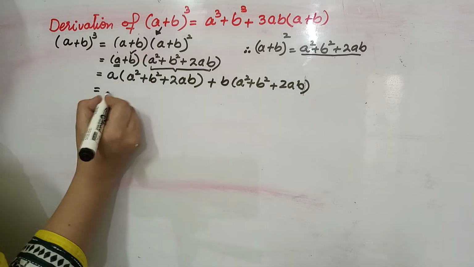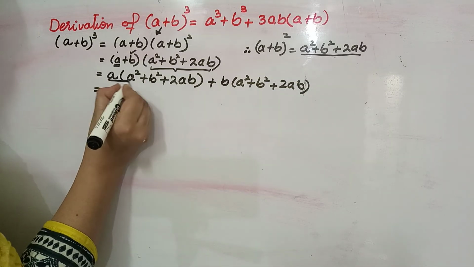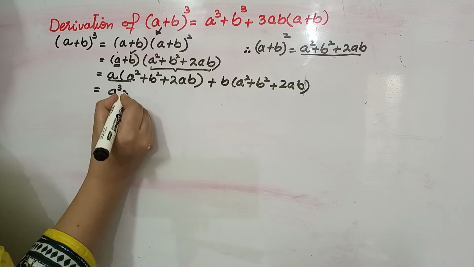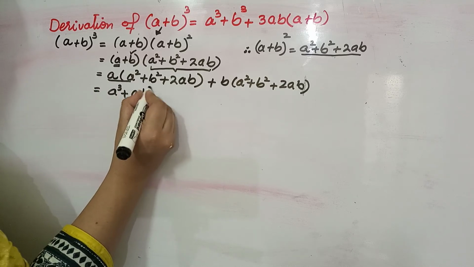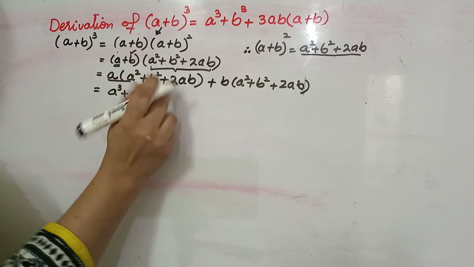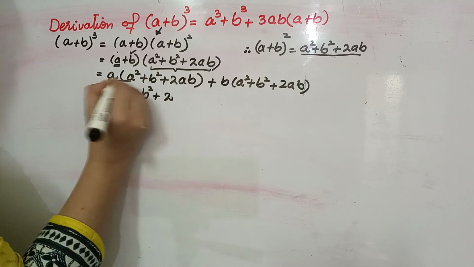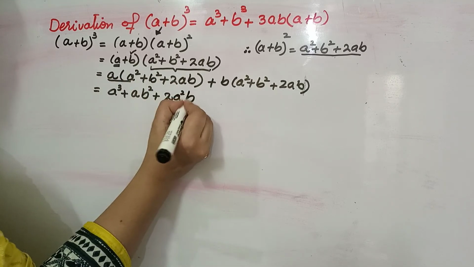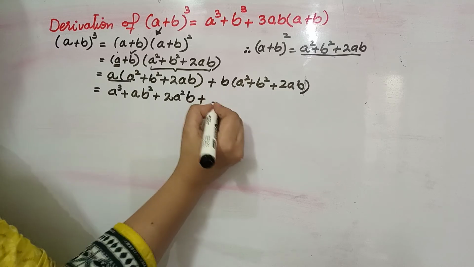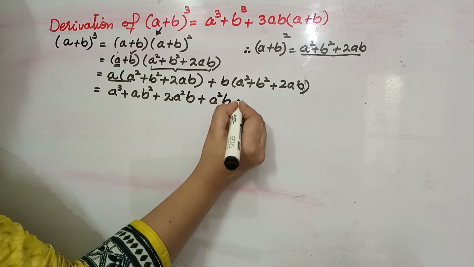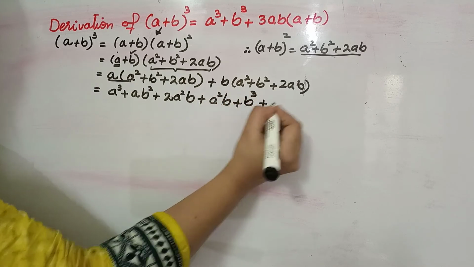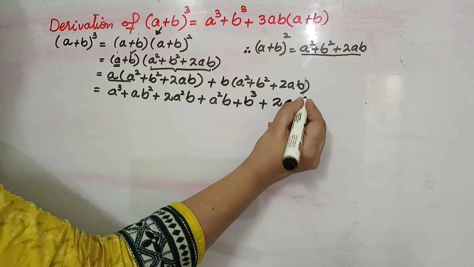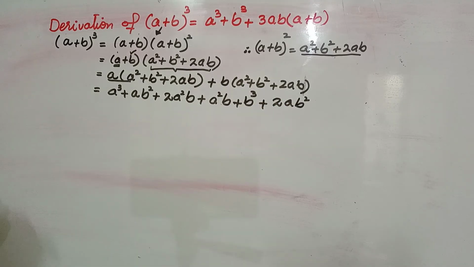If a is multiplied with it, then it will be a^3 + ab^2 + 2a^2b, plus a^2b + b^3 + 2ab^2.